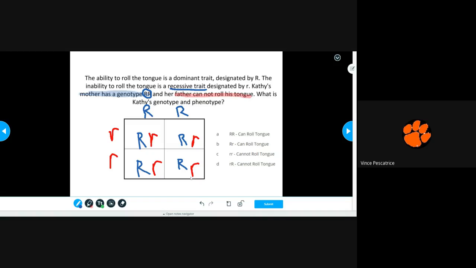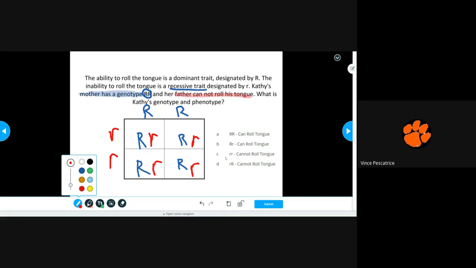Now, this tells you something right away. There are no double recessive alleles, meaning that Kathy will be able to roll her tongue because the capital R is dominant, and the dominant ability is to roll your tongue. So if there are any answers that say cannot roll tongue, those are wrong.